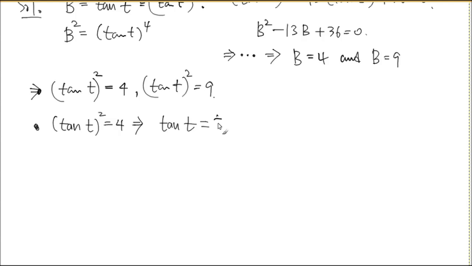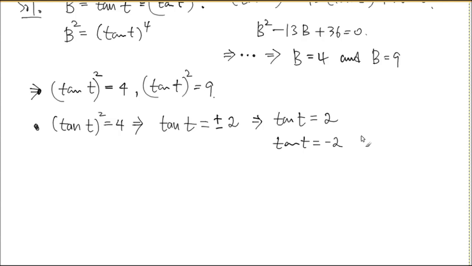Thank you. Being reminded to put that both positive and negative thing. What if this were 3 instead of 4? Plus or minus root 3. If this is 5, plus or minus root 5, and so on. Just putting the root in there. Okay? Then you have two equations. You see that? Tangent t equals 2 and tangent t equals negative 2.